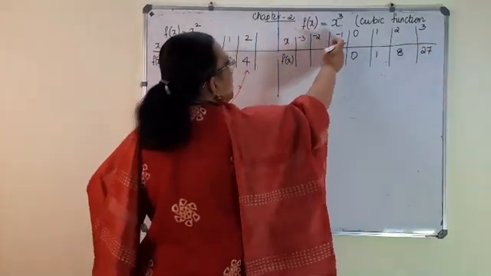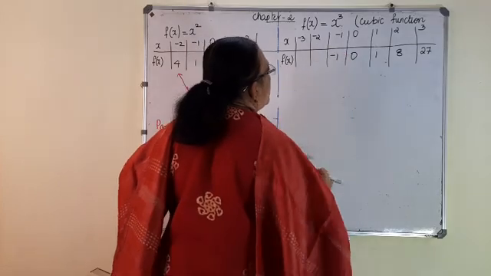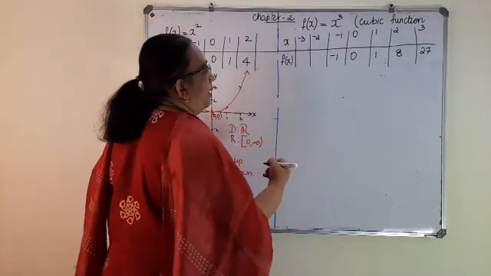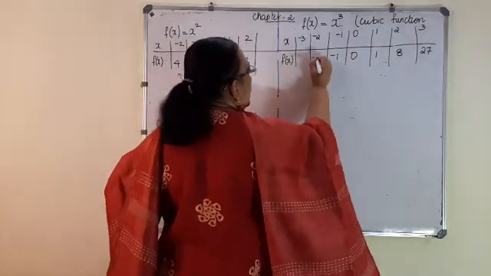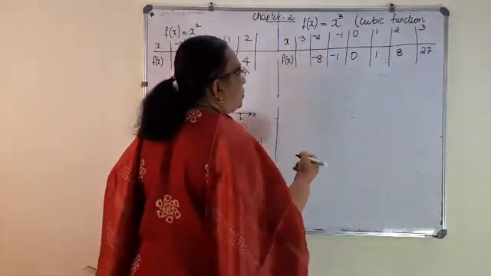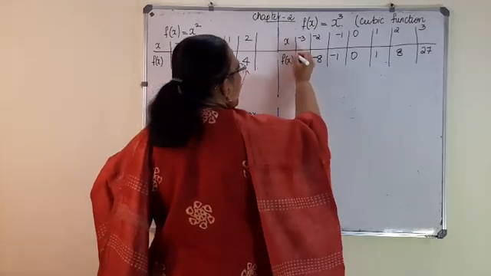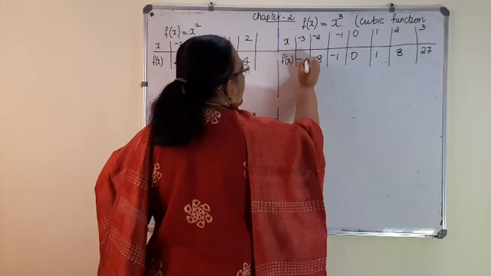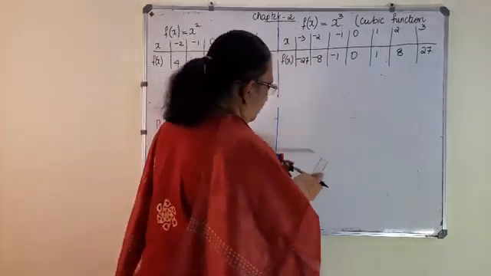Similarly, when x is equal to minus 1, f of x is equal to minus 1 the whole cubed, equal to minus 1. When x is equal to minus 2, f of x is minus 2 the whole cubed, equal to minus 8. When x is equal to minus 3, f of x is equal to minus 27. Now, let us plot the graph.